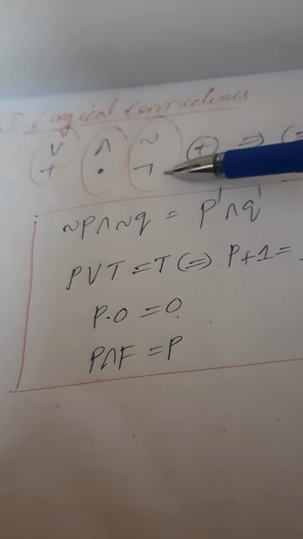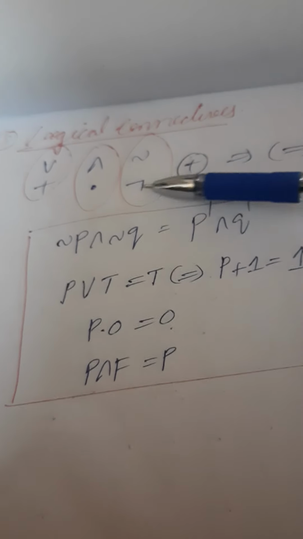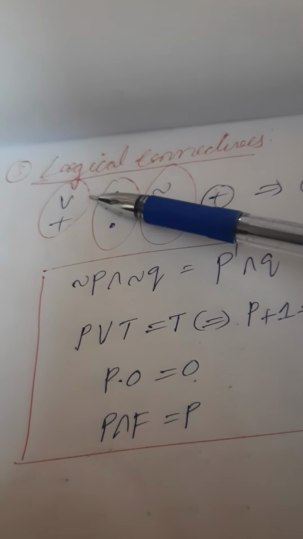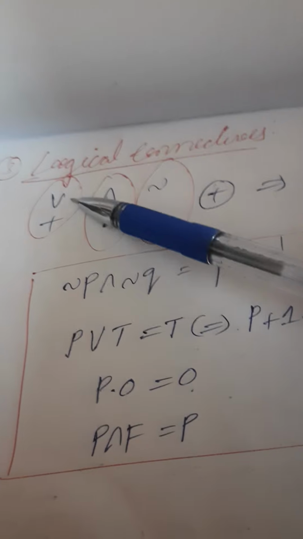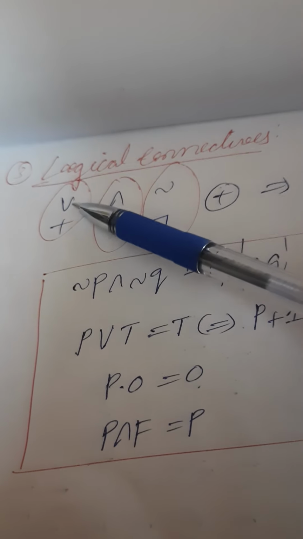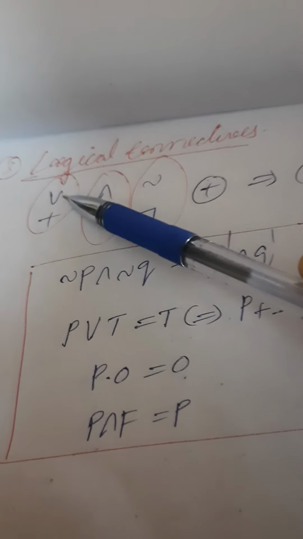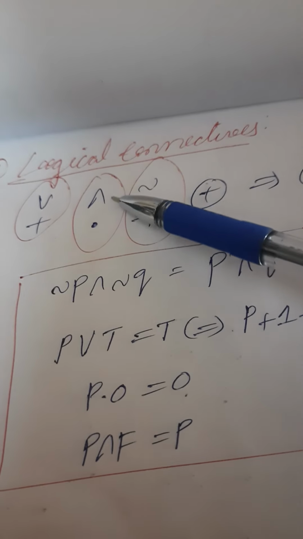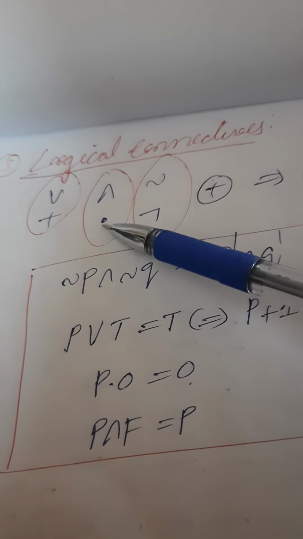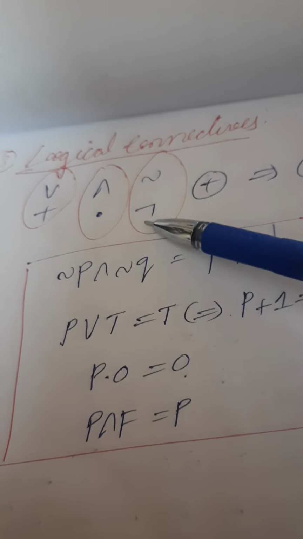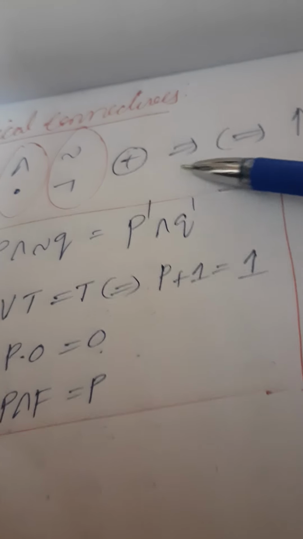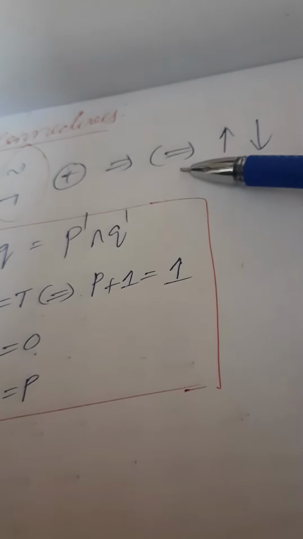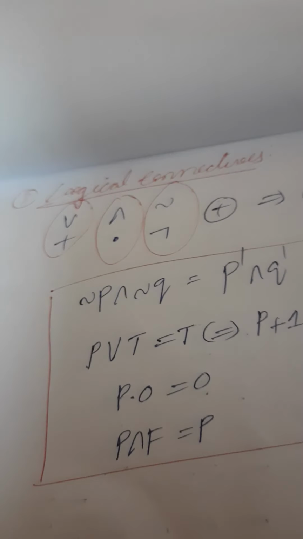These are very important. As I already told, this is the conjunction, this is the disjunction, or plus. Conjunction means intersection, or dot is the symbol. This is the negation symbol. This is XOR, implication, bi-implication.